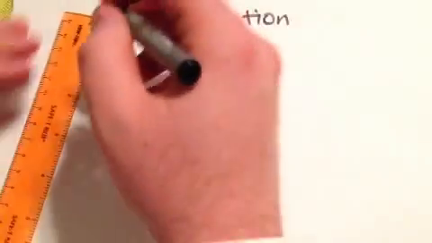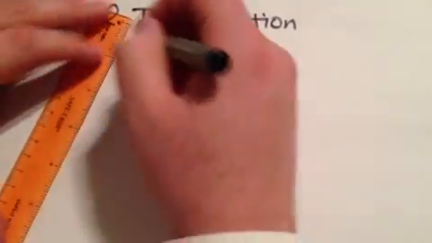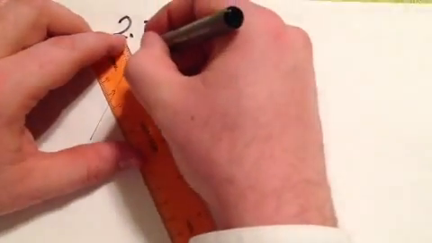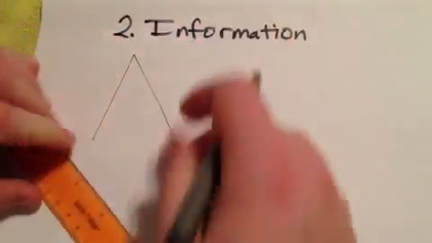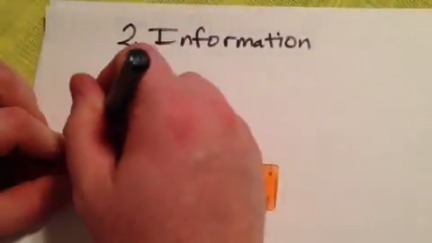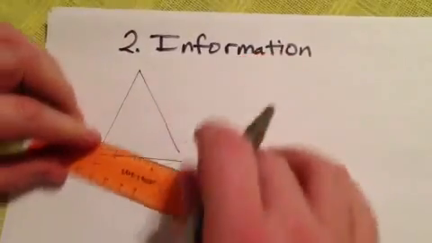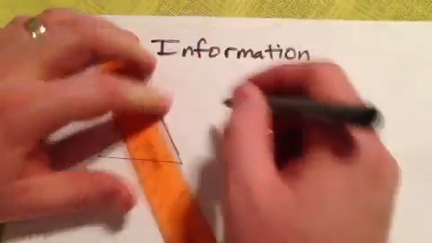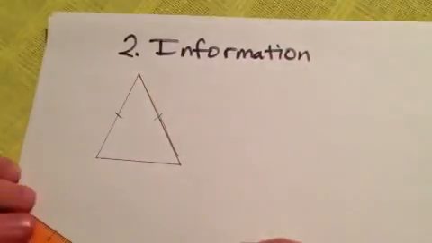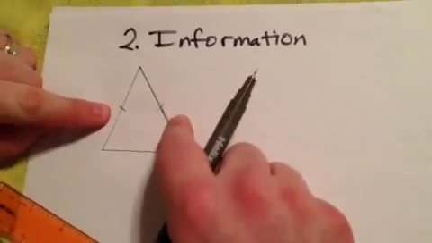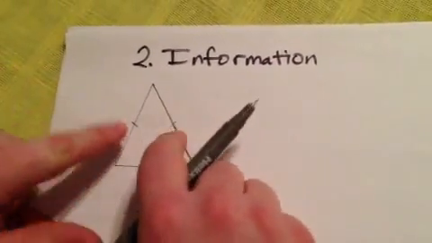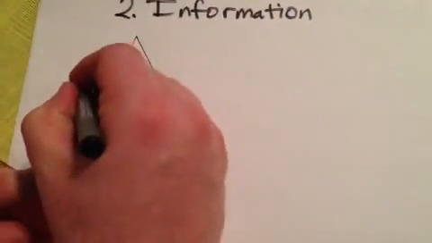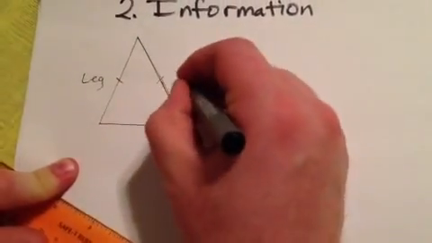there's a few things that we need to know just to classify and clarify parts of an isosceles triangle. Apologize for my hasty drawing. Just assume that this is congruent. So, when I have an isosceles triangle, the two sides that are congruent we call legs. They're each a leg.